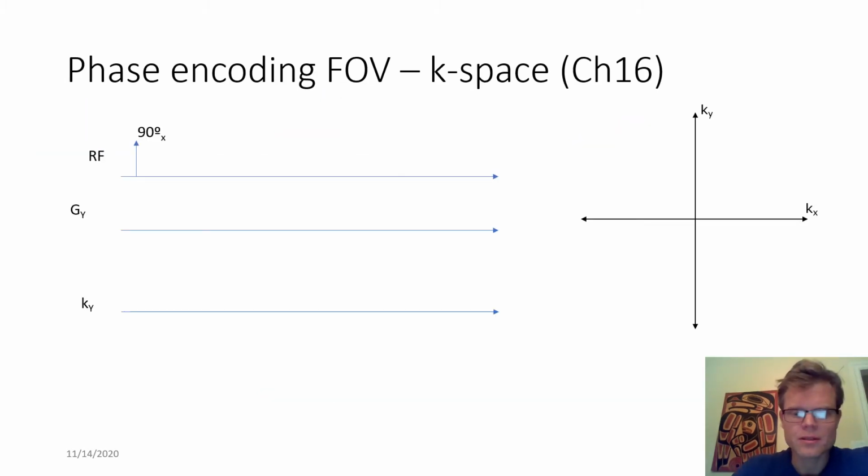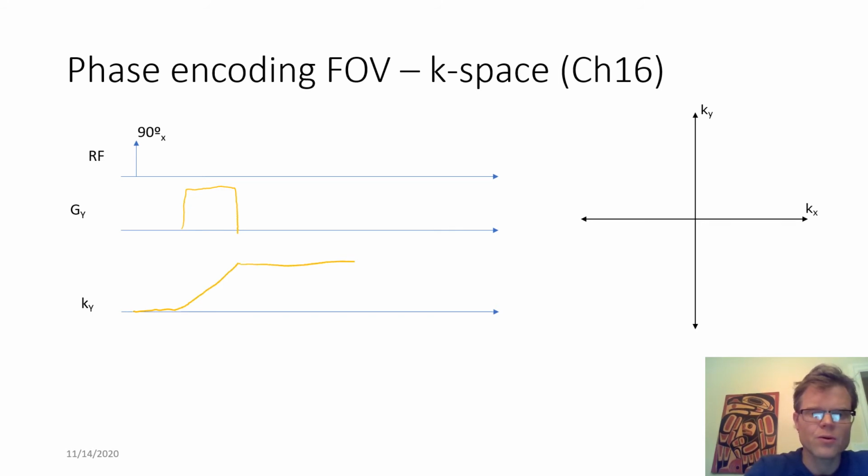Okay, so now let's shift gears to phase encoding and figuring out how we define the field of view using this k-space-based perspective for phase encoding. Let's draw a nice large, kind of exaggerated phase encoding gradient, in which we'll send this out to some location in ky.